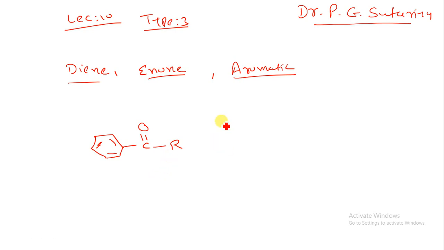If R is an alkyl group or ring residue, the base value will be 246 nanometer. Suppose we have a CH3 group over here, or any other ring over here, the base value for this system will be 246 nanometer.